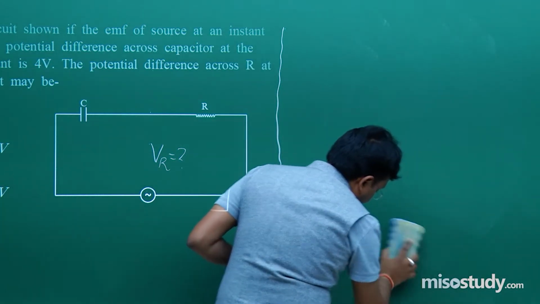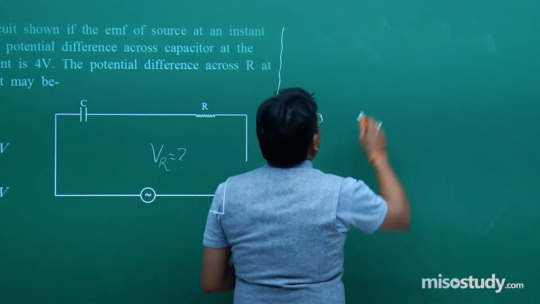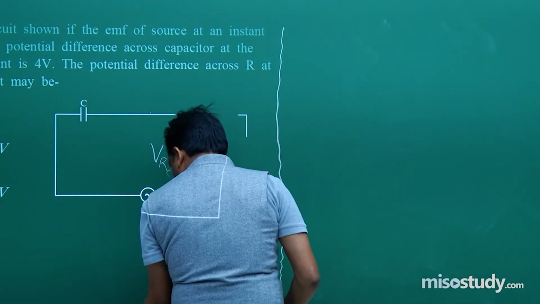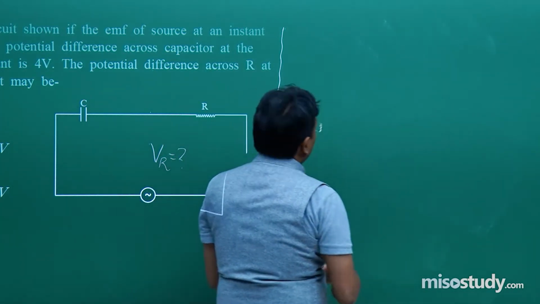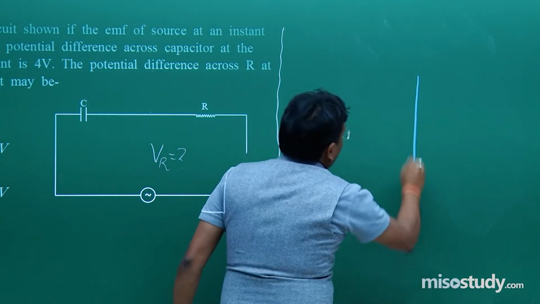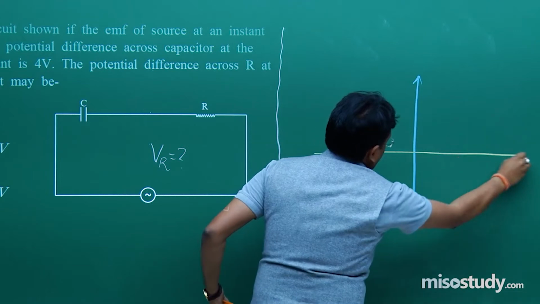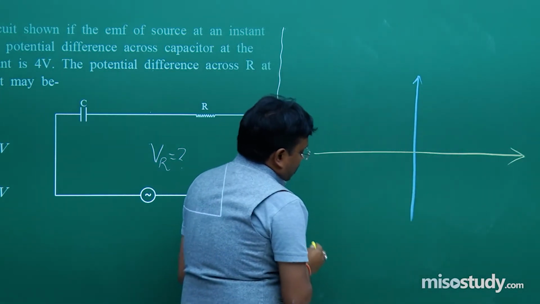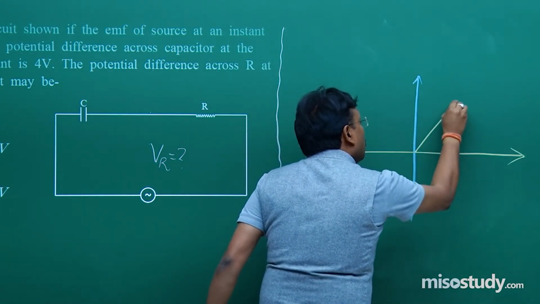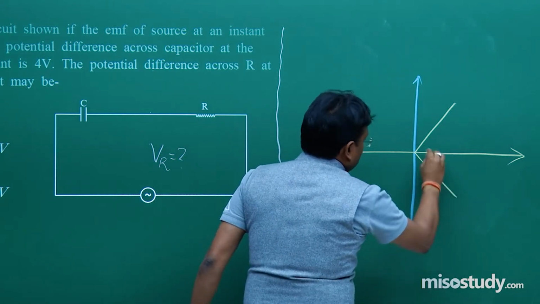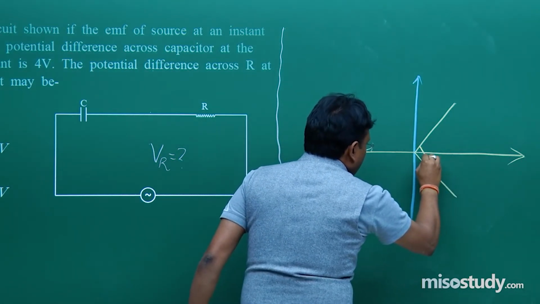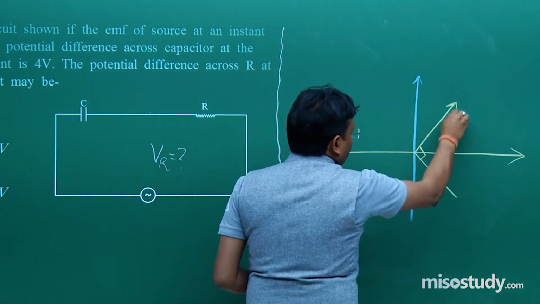So from here let me erase this diagram. I think I should use two different colors, 1 and this is 2. Fine. Now, this angle is 90 degree.